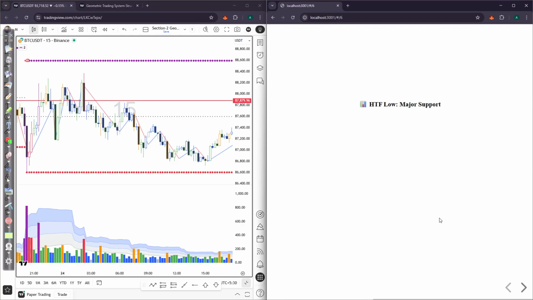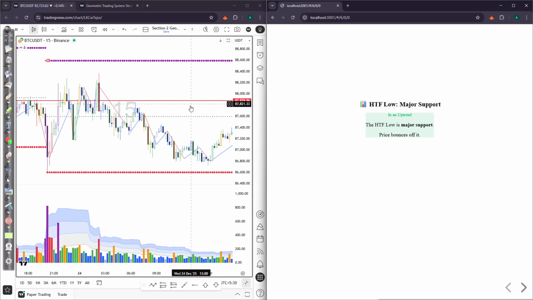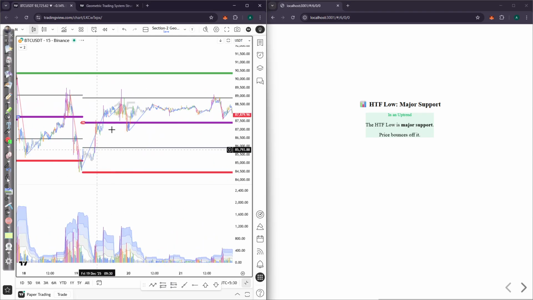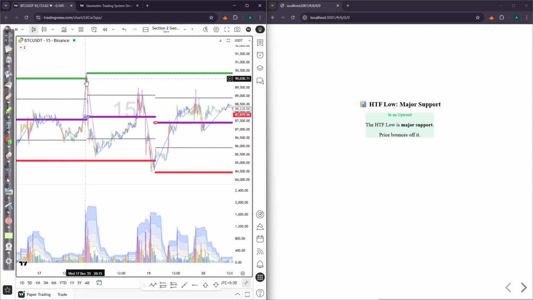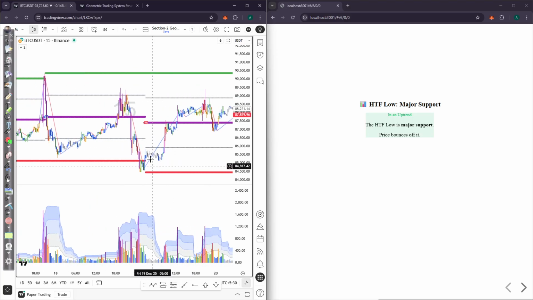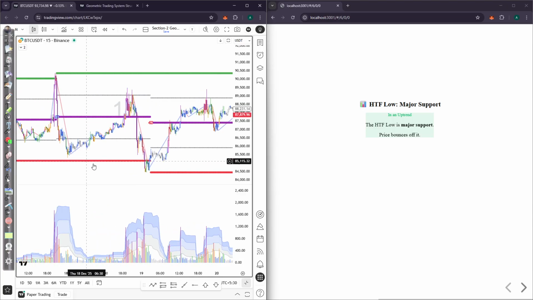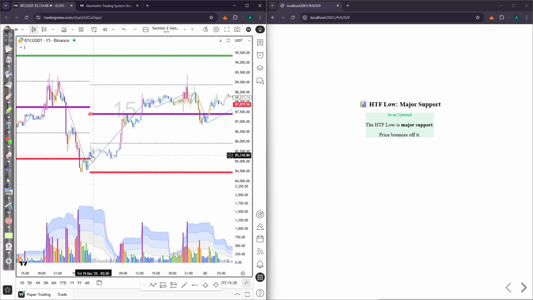Okay. Now HTF low, major support. In an uptrend, the HTF price bounces off it. So if we are in an uptrend, you see here the market made a new high. This was a short period of time, in an uptrend. It was an indication. Now when it bounces off here, came down, you see it took this low as support, right?